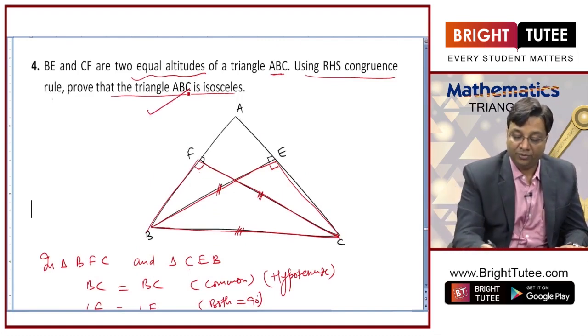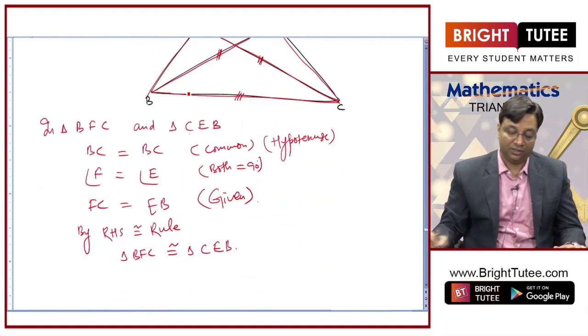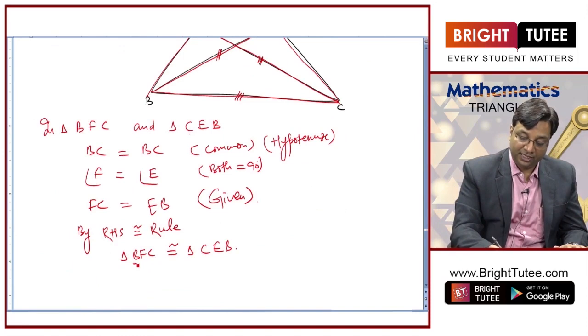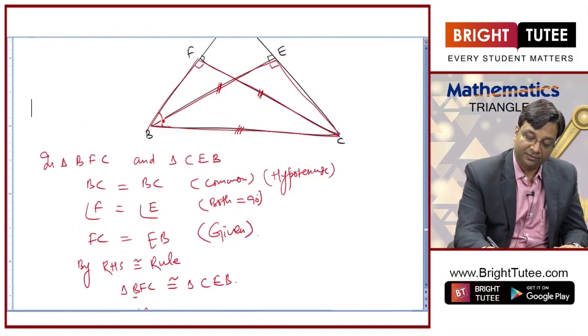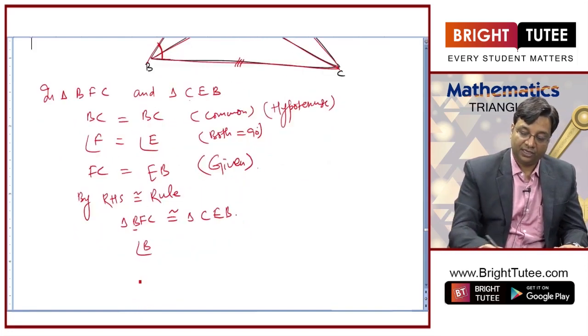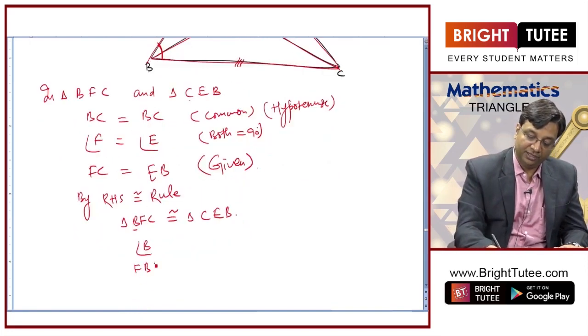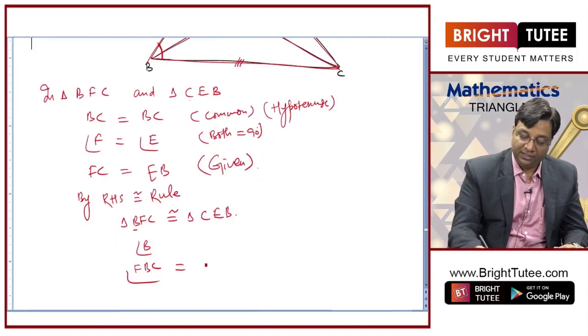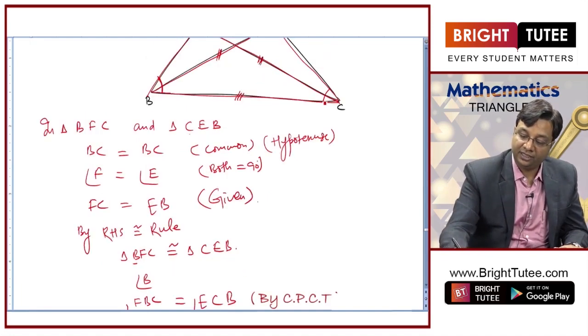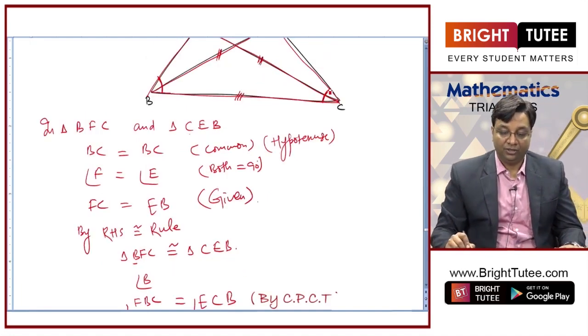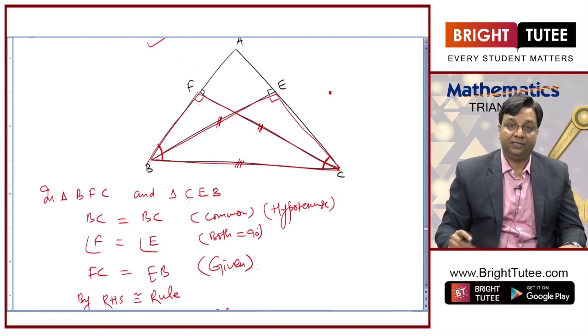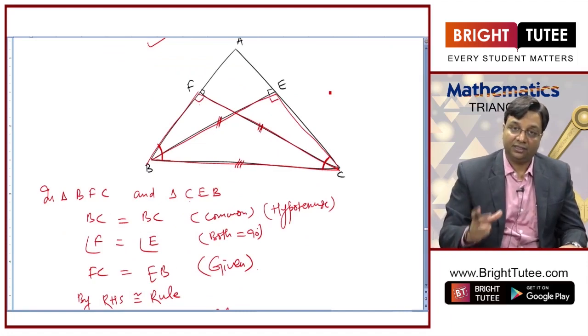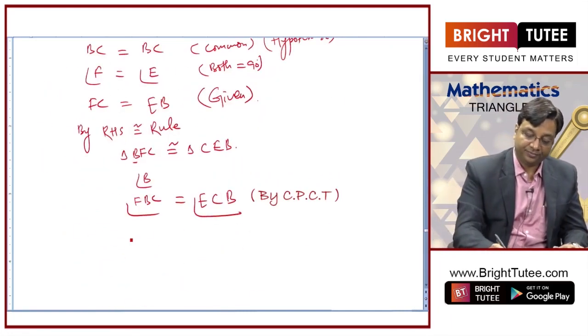Okay, but we need to prove that triangle ABC is isosceles. So, let me talk about these two angles. Angle B in triangle BFC, that is this angle. So, I can give full name to it, FBC. Angle FBC is equal to angle ECB, right? That is this angle. So, base angles of triangle ABC are equal, hence it is an isosceles triangle.